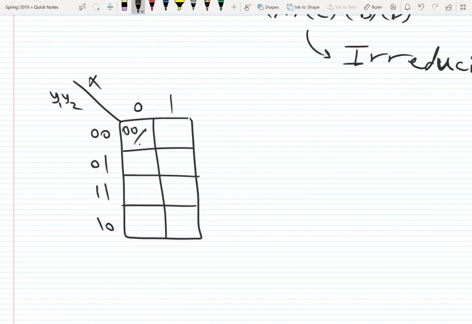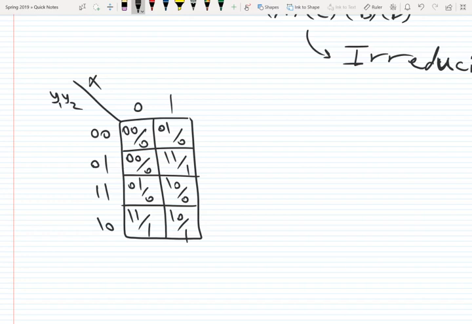Okay, so if we do that, we will have 0, 0, 0, 0, 1, 0, 0, 0, 0, 1, 1, 1, 0, 1, 0, 1, 0, 0, 1, 1, 1, and 1, 0, 1. Okay, so we reach this point.